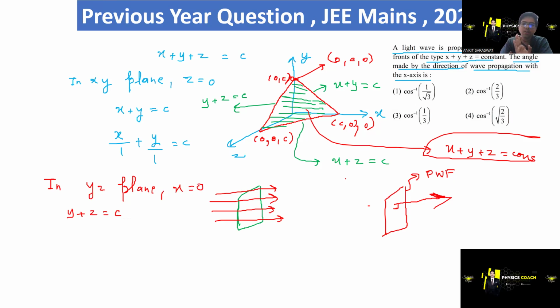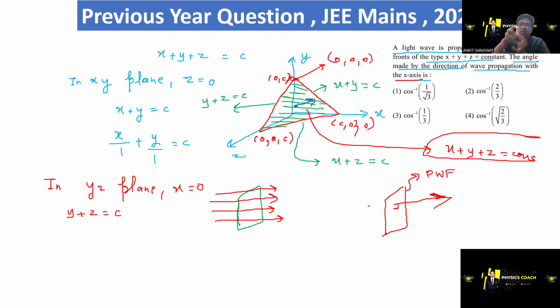Okay, understood? Now we need to find the angle made by the direction of wave propagation with the x-axis. It is not with the wavefront. With the wavefront, it is 90 degrees. But with the x-axis, what is the angle which we have to find? Now look at this. If this is the wavefront, then this is the ray, rays coming like this, and the wavefront is like this.